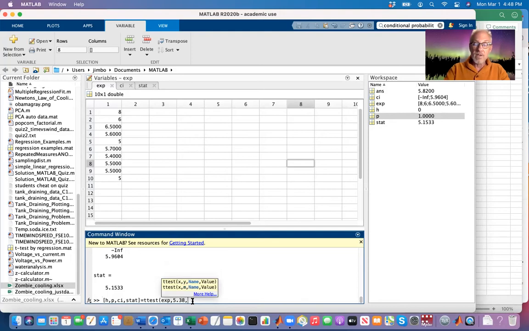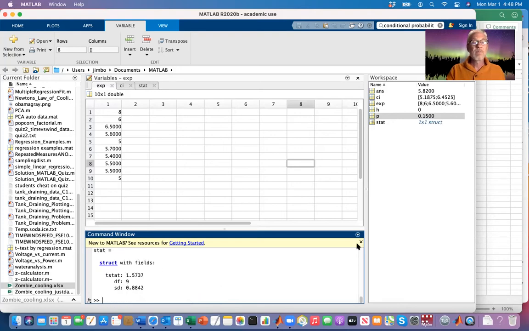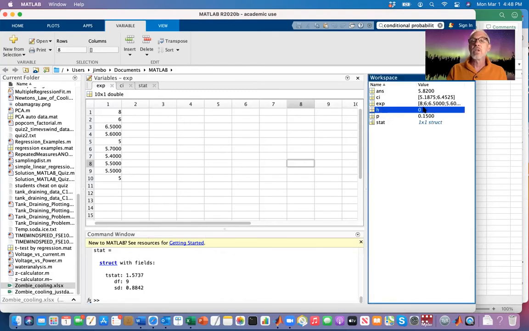We can have alpha 0.05, comma, and then we can have a two-tailed test. Okay. And so if we take a look at our data over here, H, again, we reject the null hypothesis. Probability, no, we failed to reject the null hypothesis. What happened here?